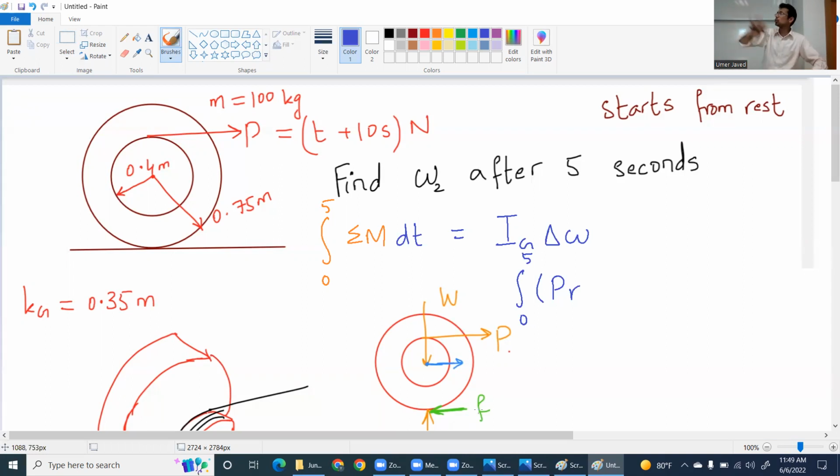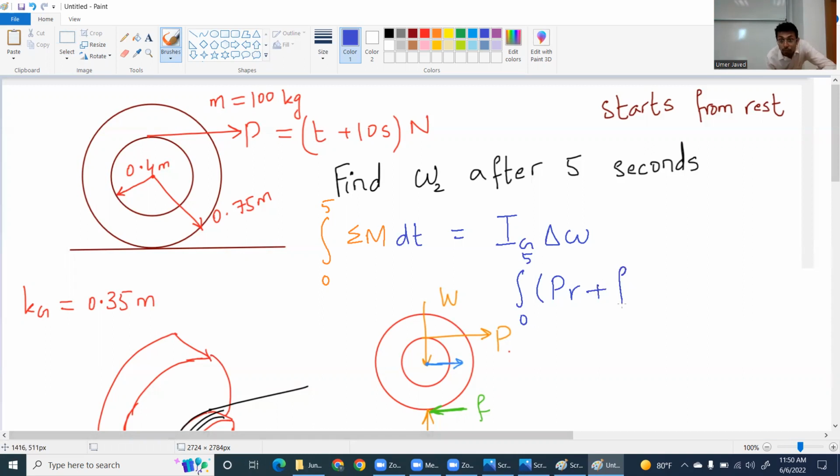And by the way, just to clarify further, if someone takes the friction to the right, he or she will get wrong answers. Direction of friction isn't given, so how are we supposed to find out? Take an intuitive direction, Hussein, and we have to proceed.